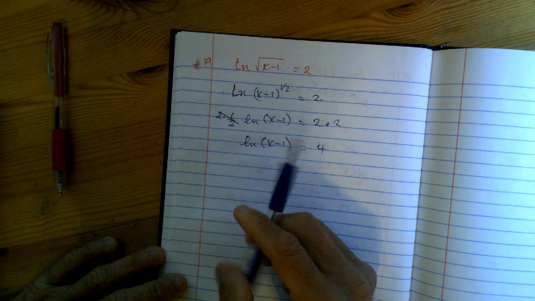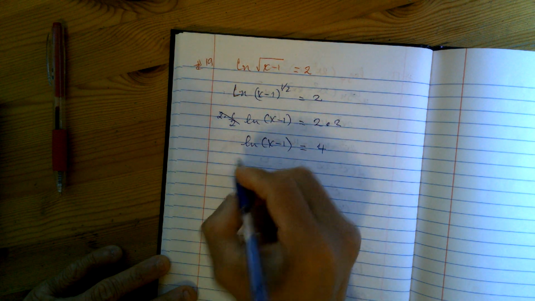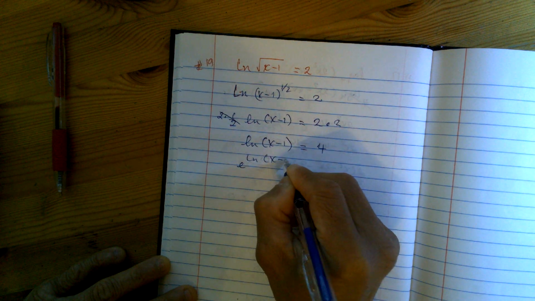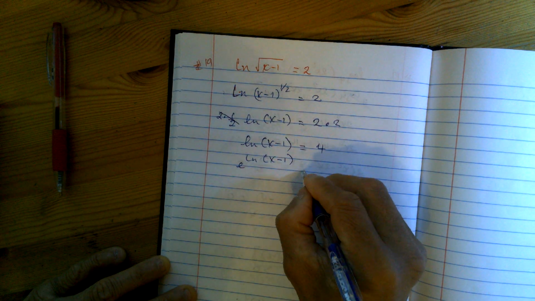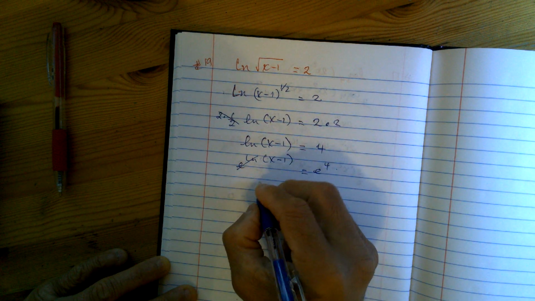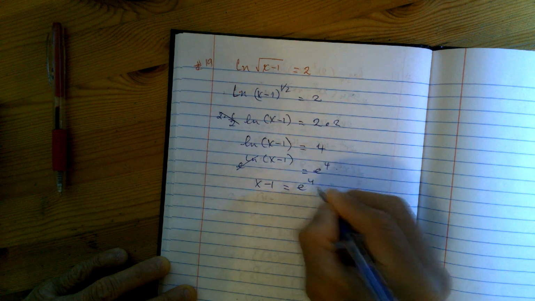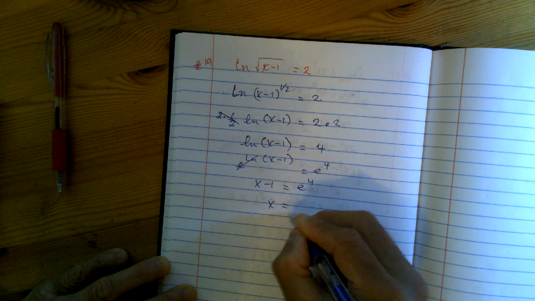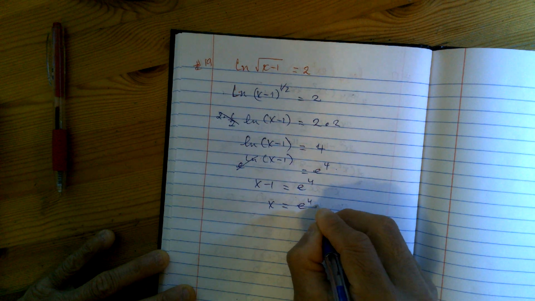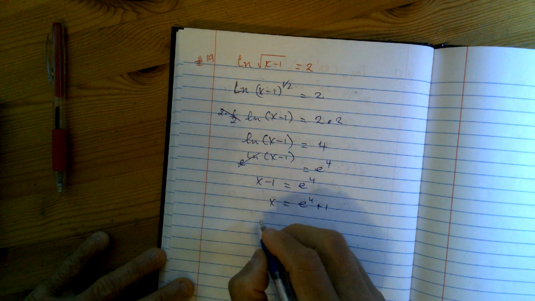Next, I'm going to use the inverse of the natural log, which is e. So x minus 1 equals e to the 4, and then x equals e to the 4 plus 1.